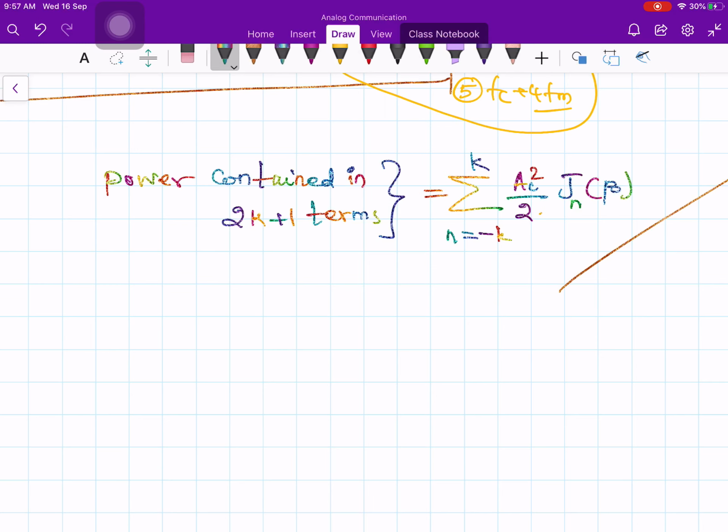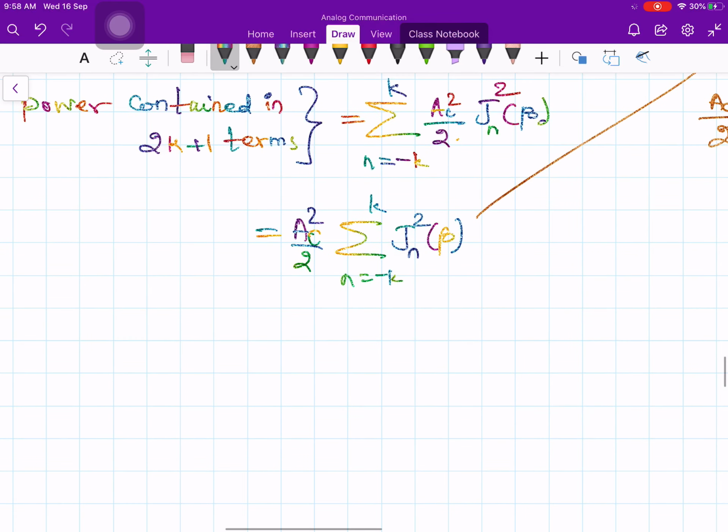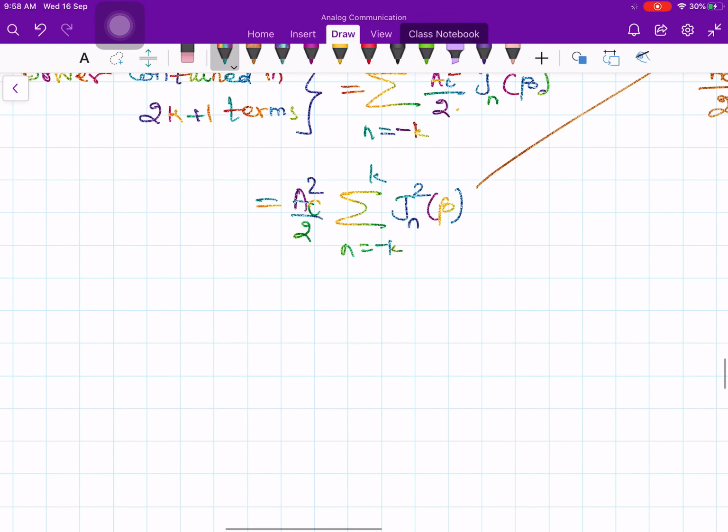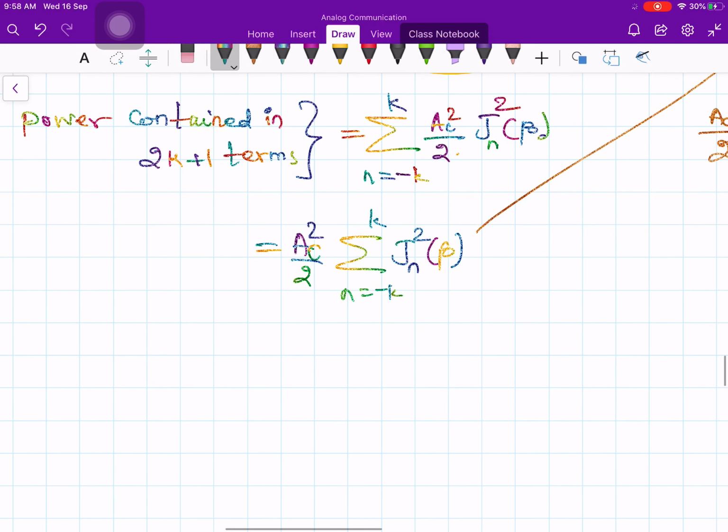Now this Ac squared is constant, by 2 summation of n is equal to minus k to plus k Jn squared of beta. Okay, now let us take the ratio, power ratio. Power contained in the 2k plus 1 terms divided by total power.